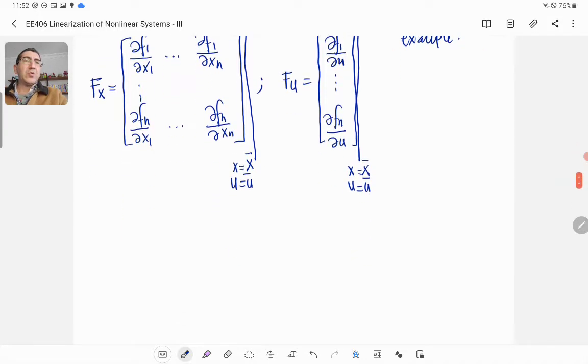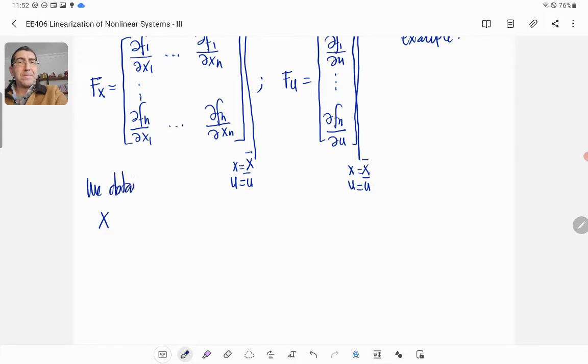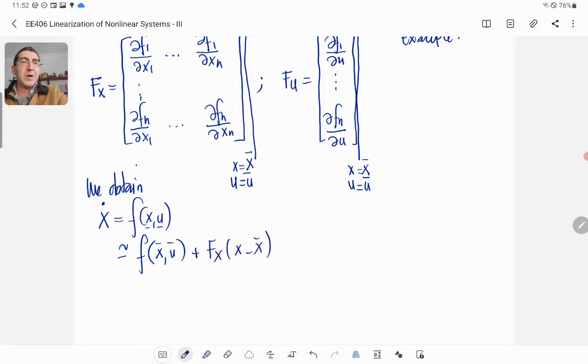Okay. So in this case, because we are evaluating everything at the equilibrium points, we obtain that x dot is equal to f of x, u, which will be approximately equal to f evaluated at the equilibrium point and the equilibrium input, plus f_x times (x minus x bar), plus f_u times (u minus u bar).